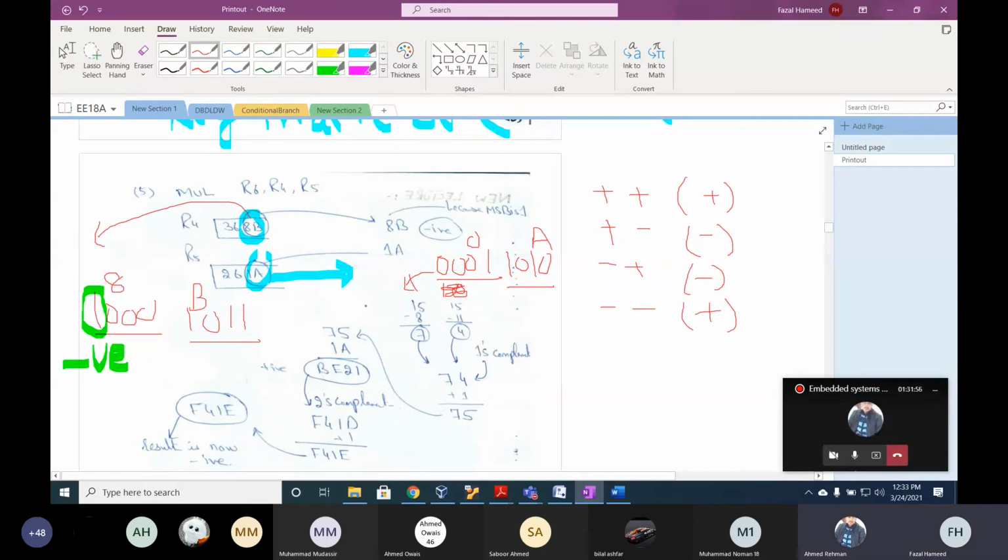Positive. So whenever you perform any kind of operation, whether it is subtraction or something like that, and you have a negative number, you will first take the 2's complement of the number.